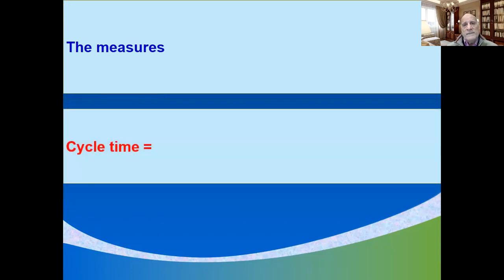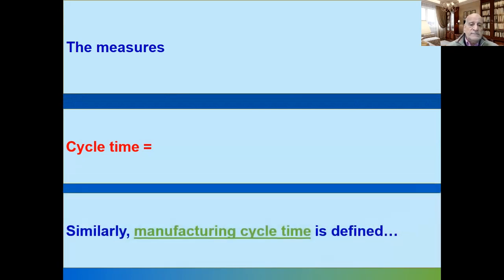Cycle time is the amount of time between the receipt of a customer order and the shipment of this order. Similarly, manufacturing cycle time is defined as the time from the start of production to the shipment of the order. This is manufacturing cycle time.